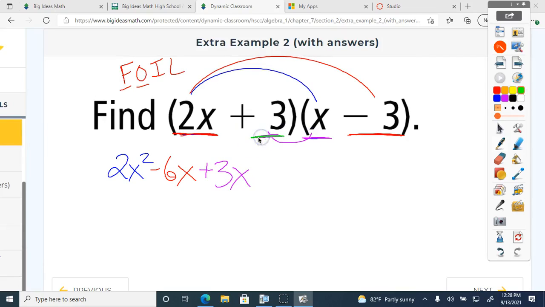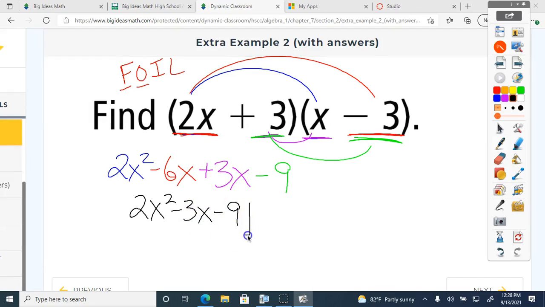So 3 and negative 3, that would make negative 9. And then once again, you add up your like terms, if there are any. Sometimes there won't be any. Most of the time, however, there is. Negative 6x plus 3x is negative 3x, minus 9. Okay? Everybody good on FOIL?